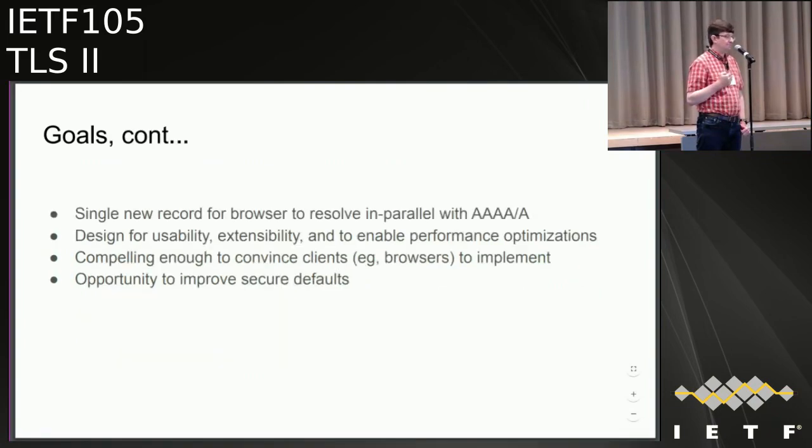Next slide. So the approach here is to have a single new record that clients can resolve in parallel with the quad A. In particular, this is not really browser specific, despite what this slide says.